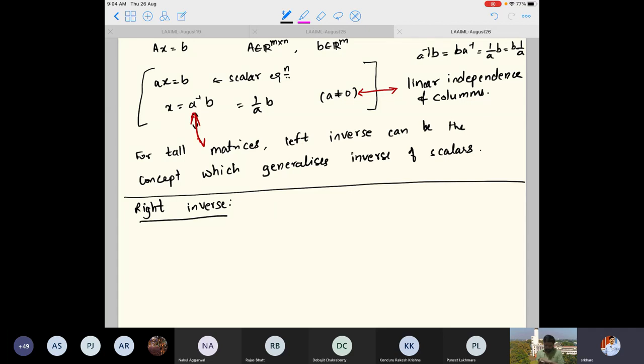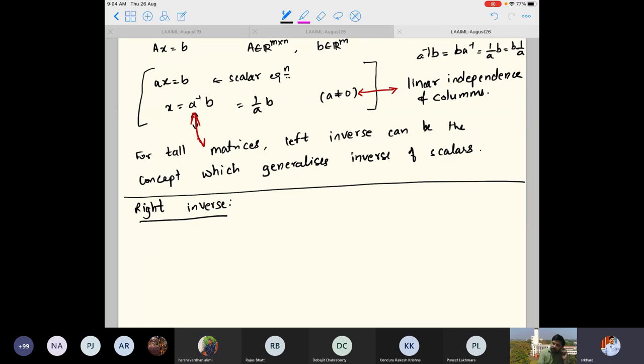Unfortunately, matrix multiplication is not commutative. Can anybody tell the reason why matrix multiplication is not commutative? Yes, anybody? Because of dimensions. Okay, the first thing is matrix sizes.